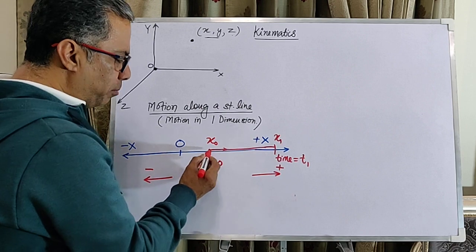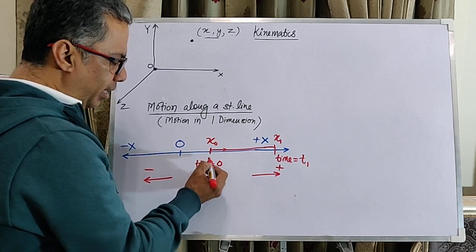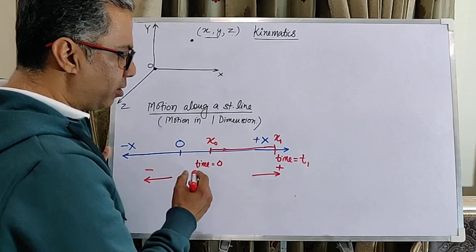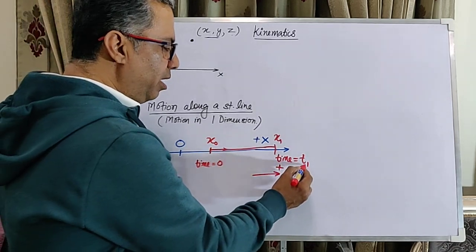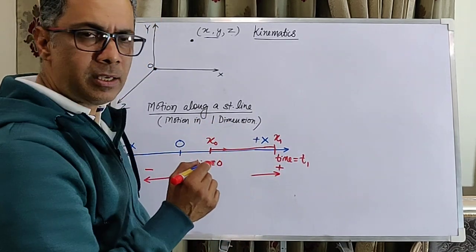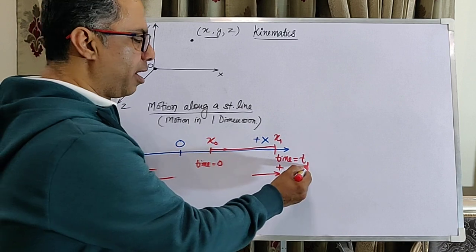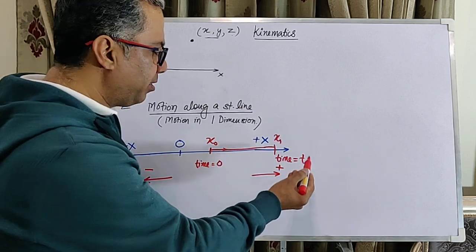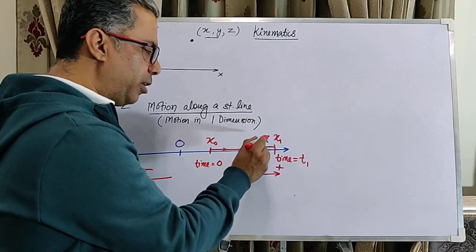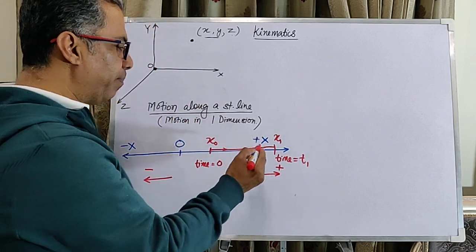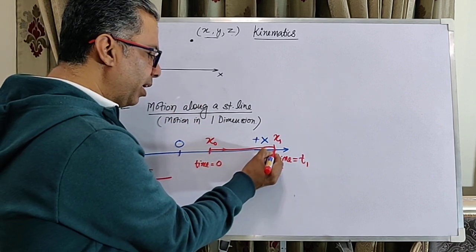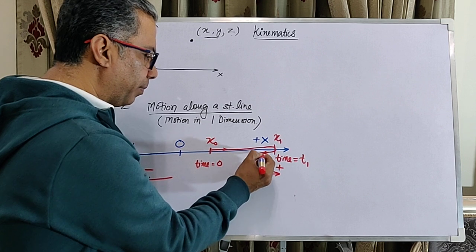So this object starts moving here at time equal to 0 from x0, and at time equal to t1 it is observed at x1. Now these are times that our stopwatch is giving us. It comes here, it stops momentarily and starts moving in the reverse direction.